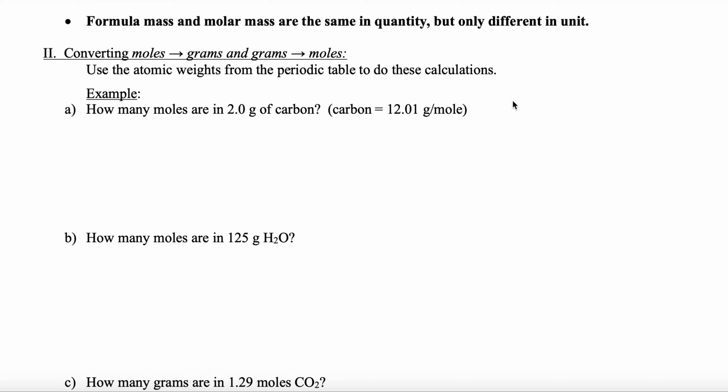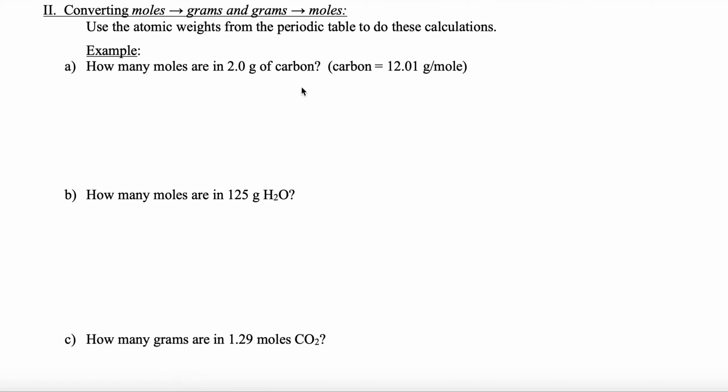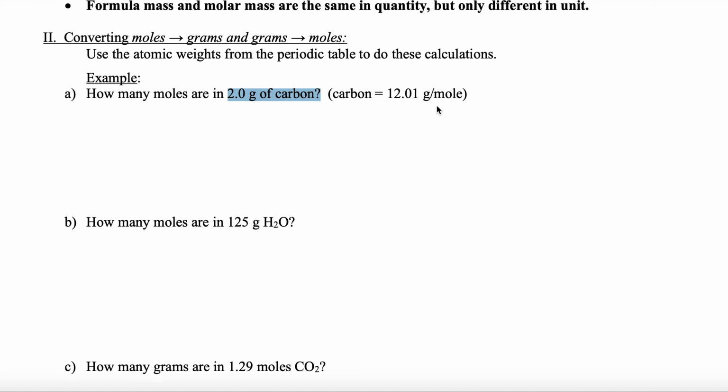Now, converting moles to grams and grams to moles. I don't have the answer showing here, but to calculate moles, one way is to take the given mass, which is 2 grams, divided by the atomic mass, because this is a single carbon element. 2 divided by 12.01, you have a calculator, you do that, that's the answer.